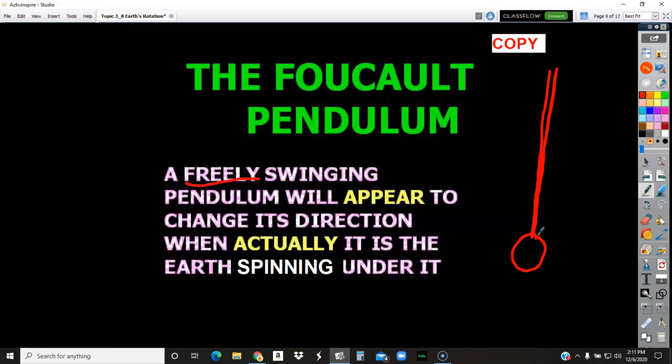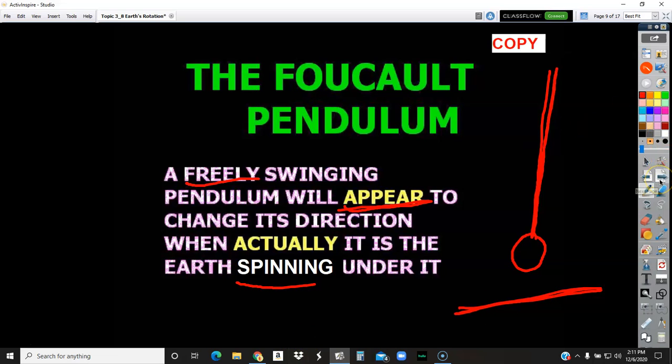Will it go forever? No. But freely swinging means nothing is really affecting it, causing it to turn in any other direction. So anyway, a freely swinging pendulum will appear, and I stress that word again, appear to change direction, but it's actually not changing its direction. The earth and the floor underneath the pendulum is actually rotating.